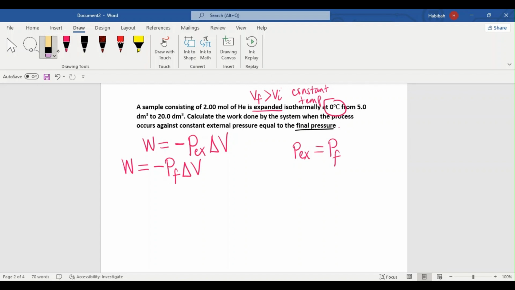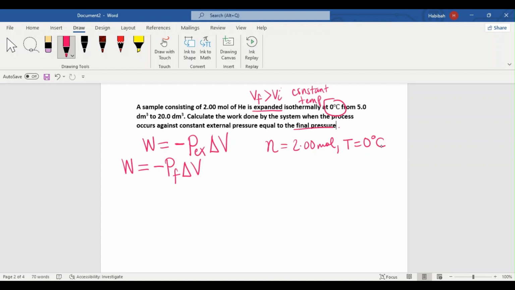Now, to work on this, we first write out the parameters. We're given n equals 2.00 mole. We're given the temperature to be 0 degrees Celsius.